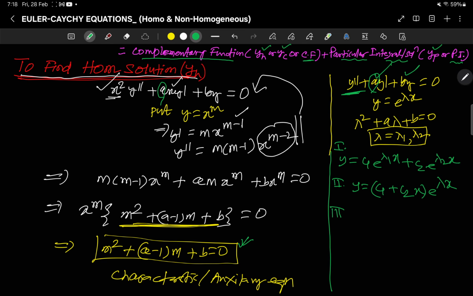And once it is the complex conjugate case, suppose lambda is equal to alpha plus minus i beta, then y is equal to e to the power alpha x (c1 cos beta x plus c2 sin beta x). This is for real and distinct, and this is for lambda 1 equal to lambda 2 real. Likewise, we extend the solution here.